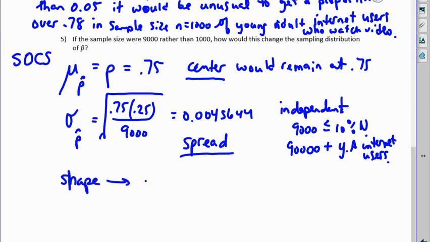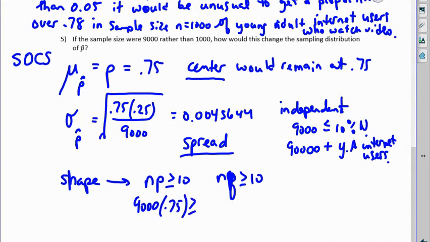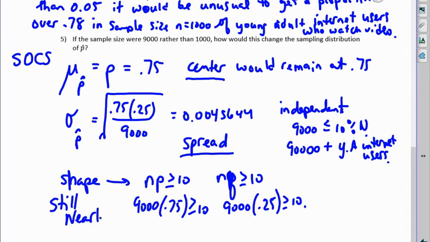And if I was working before at being nearly normal, now that I have my increased sample size, then now I'm really meeting it. So definitely I am still going to be nearly normal.